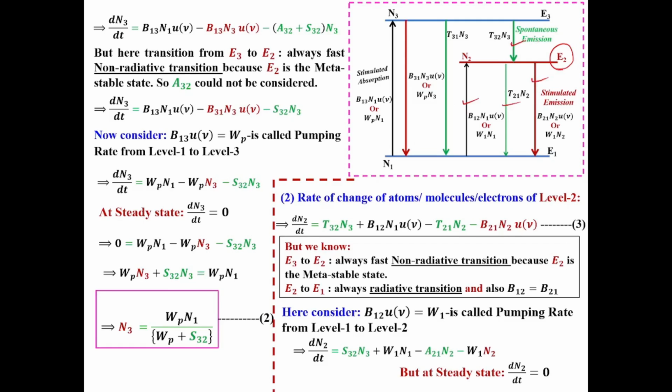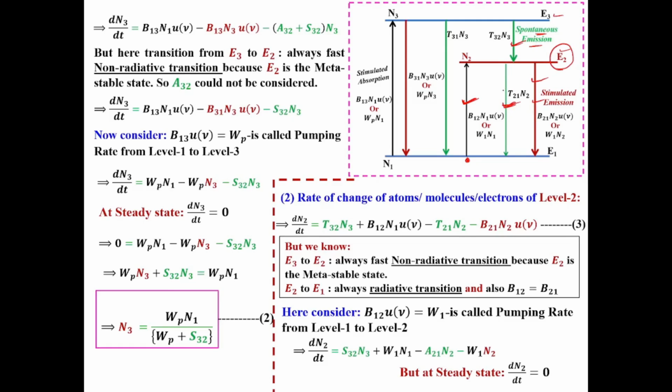This is due to spontaneous emission from E3 to E2. This is due to stimulated absorption from E1 to E2. This transition is due to spontaneous emission, and this transition is due to stimulated emission.